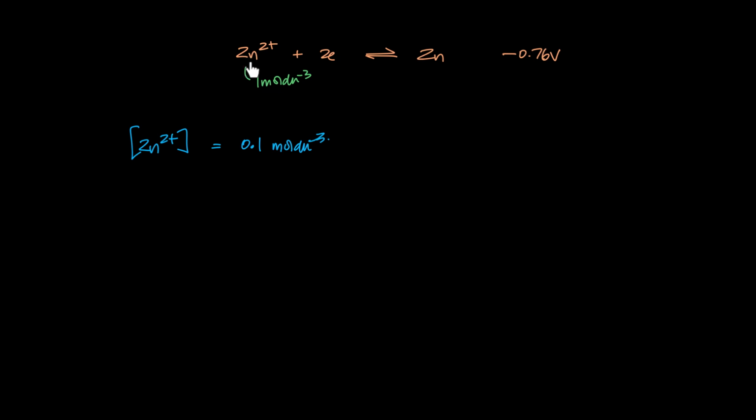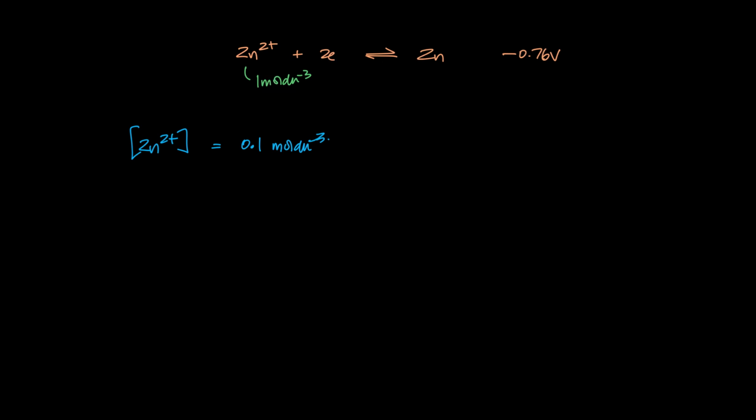So if I lower the zinc ion concentration to 0.1, the equilibrium will shift to oppose that change. If I lower the concentration, it wants to produce more ions. So this particular equilibrium will shift to the left. Meaning if I've decreased the amount of zinc ions by lowering the concentration, the equilibrium will want to move to make more, so it will move to the left. And this E is a measure of the forward reaction.